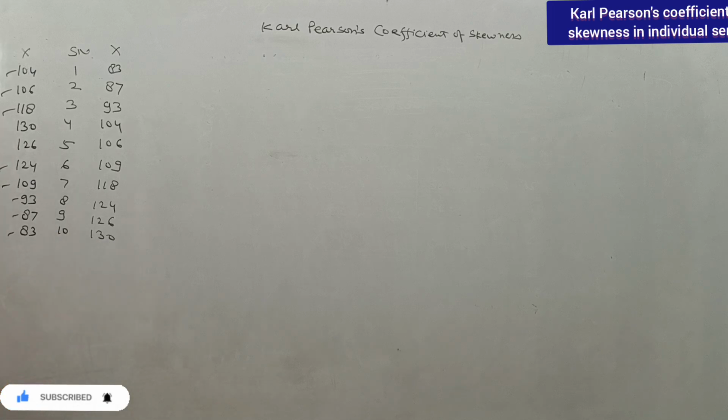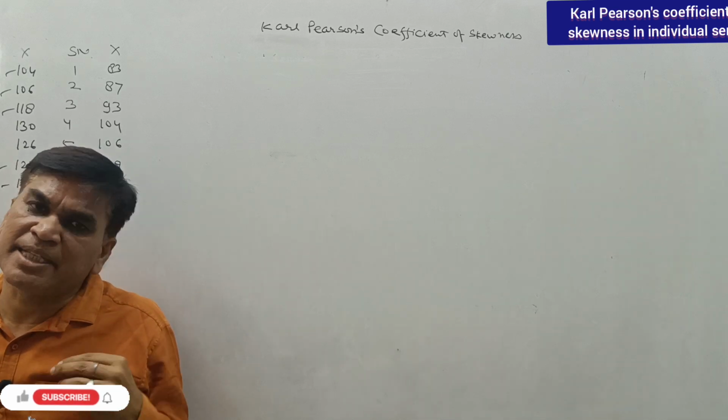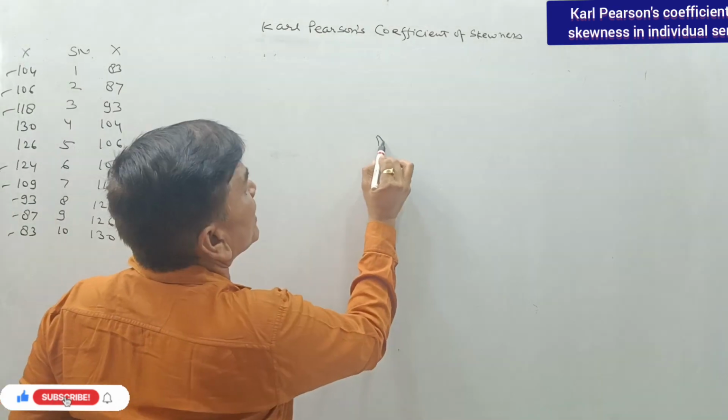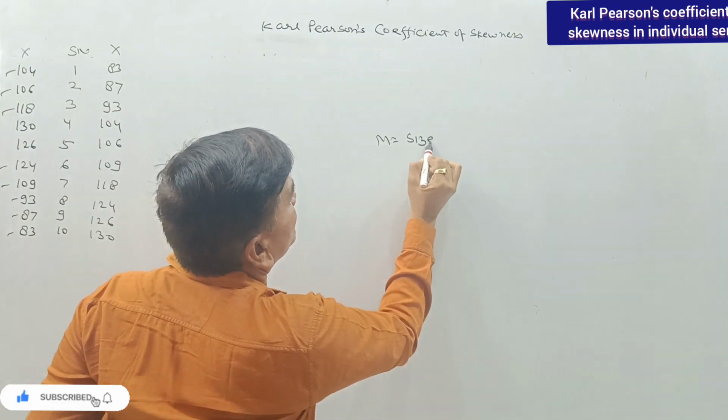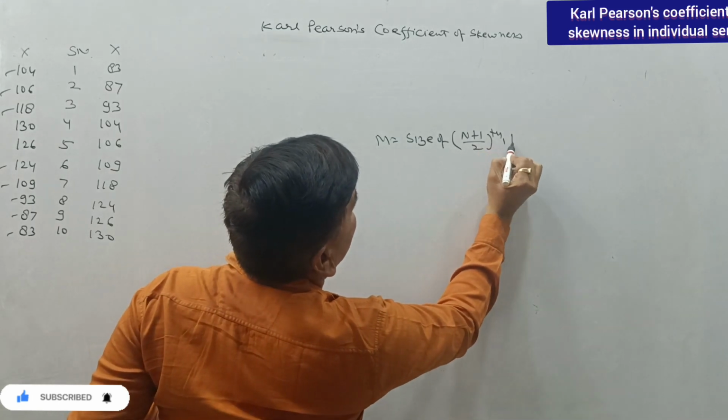So for calculating the median value, we arrange the series either in ascending order or in descending order. So the value of m is equal to the size of (n plus 1) upon 2th item value.